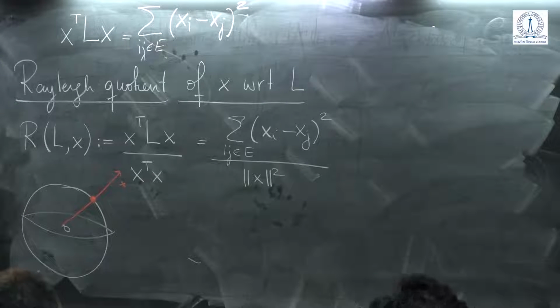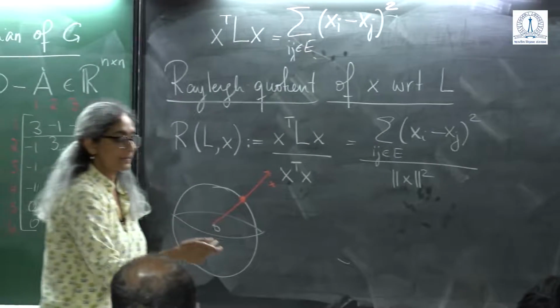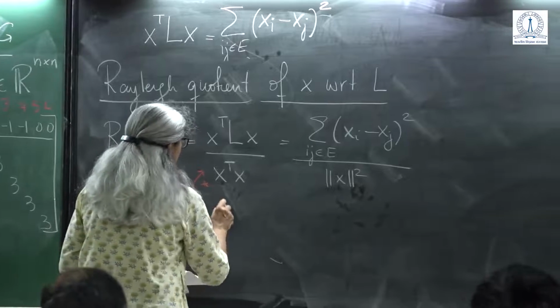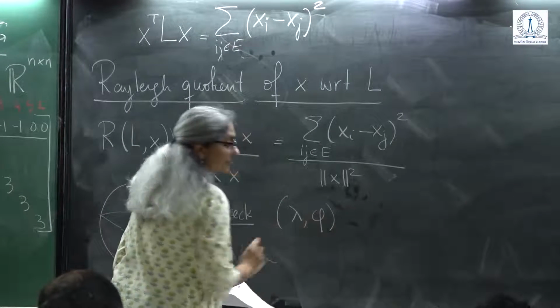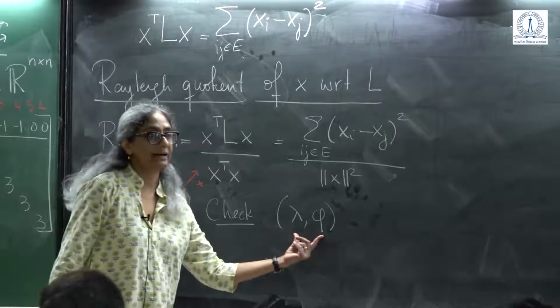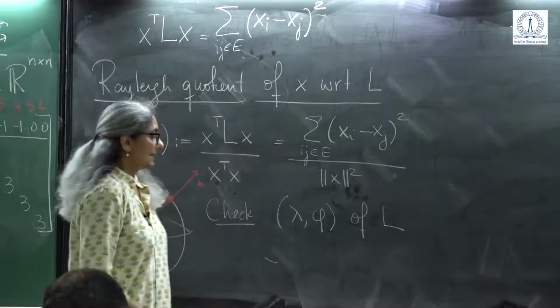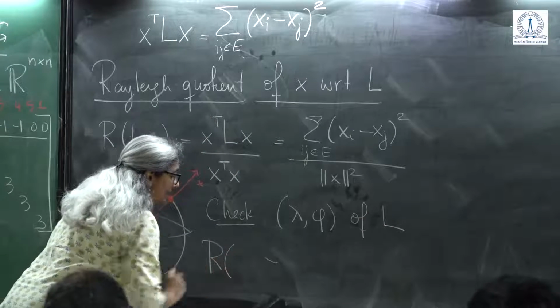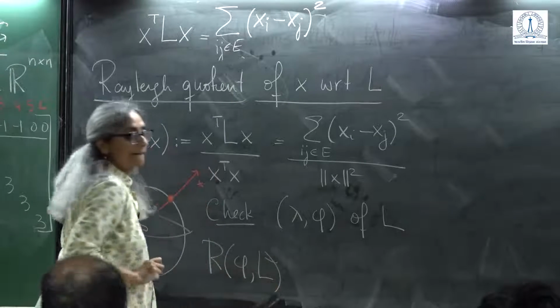Okay, so can you evaluate this Rayleigh quotient on an eigenpair? Let's take an eigenpair. Check that if I have an eigenpair (lambda, phi) of the Laplacian, can you see what happens if you plug in R_L(phi)?